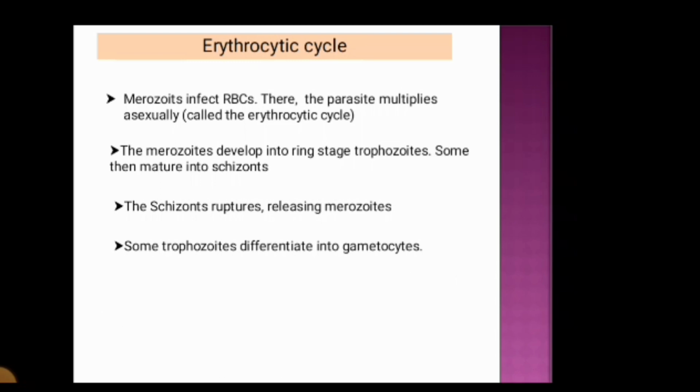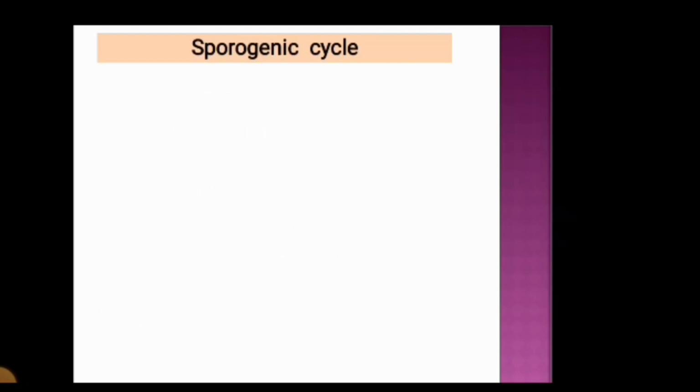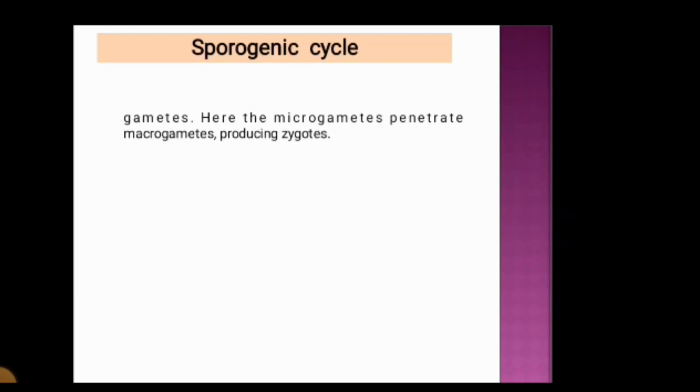Both the exoerythrocytic cycle and the erythrocytic cycle occur in the human body, and these stages occur through asexual reproduction. Next is the sporogonic cycle.